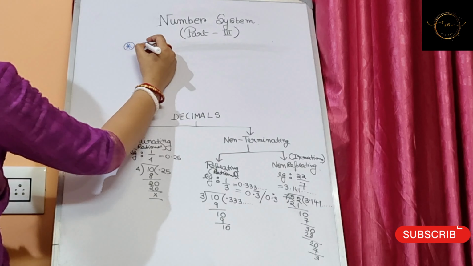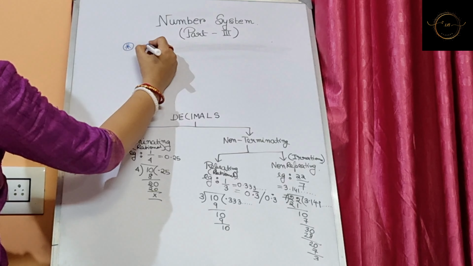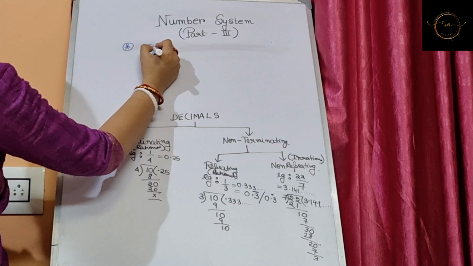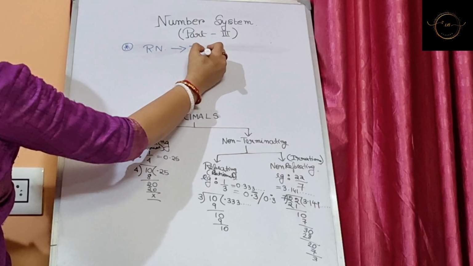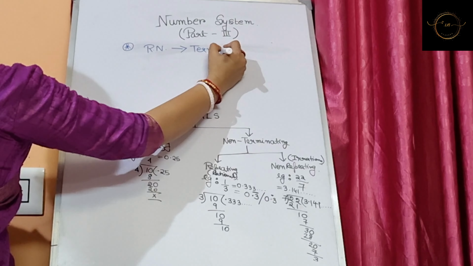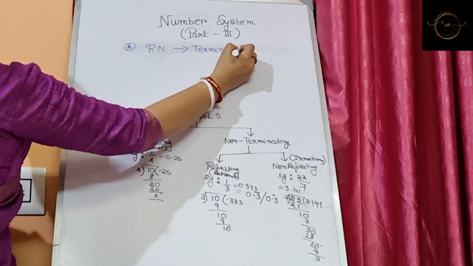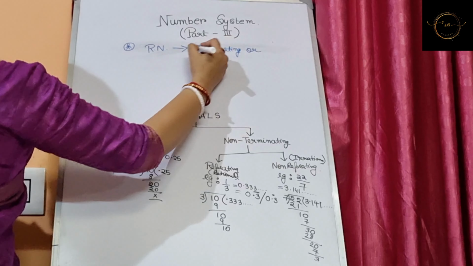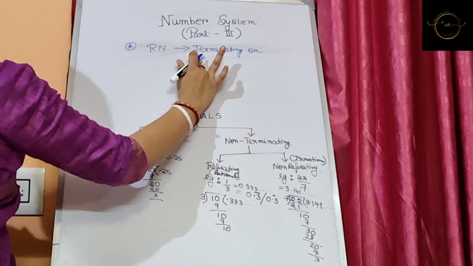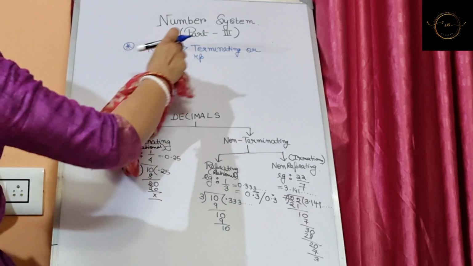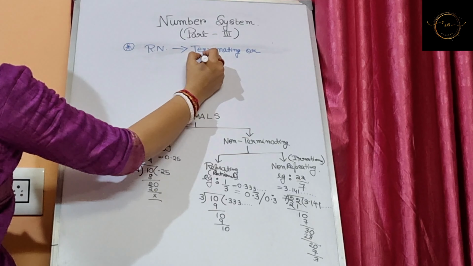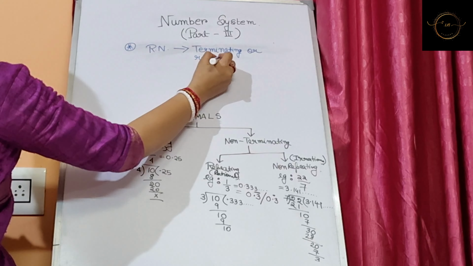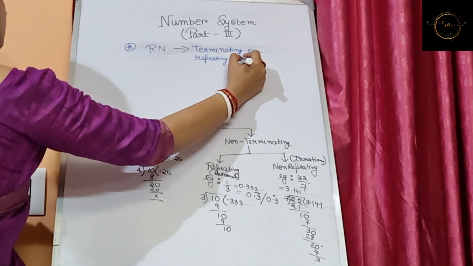So we have come to the conclusion that the decimal representation of a rational number is either terminating or repeating decimals.